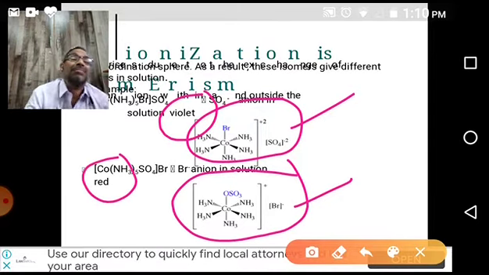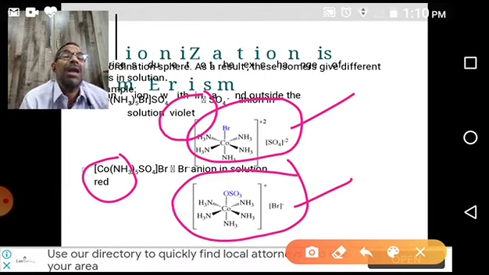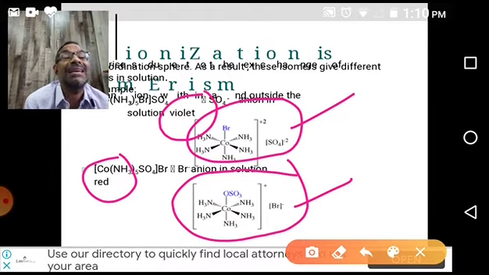Both have the same formula: one cobalt atom, 5 ammonia molecules, one bromide ion and one sulfate ion, the same chemical composition. But the properties are changing. The first compound is violet, the second is red.